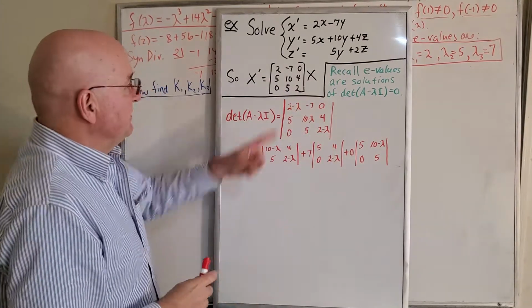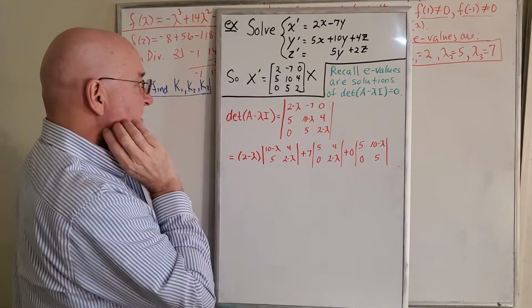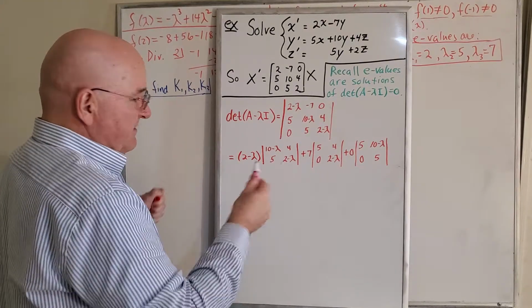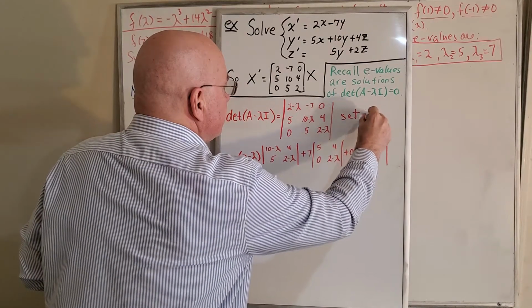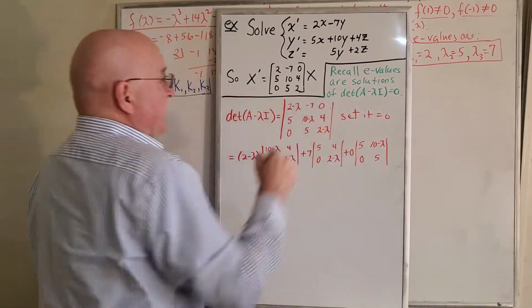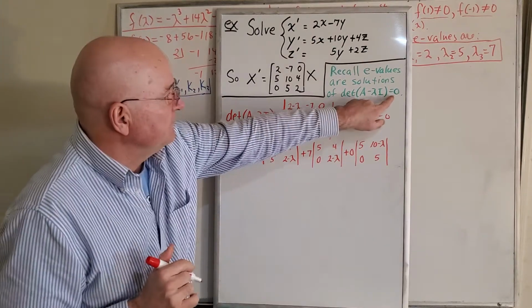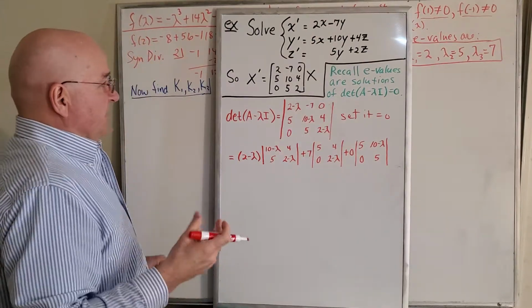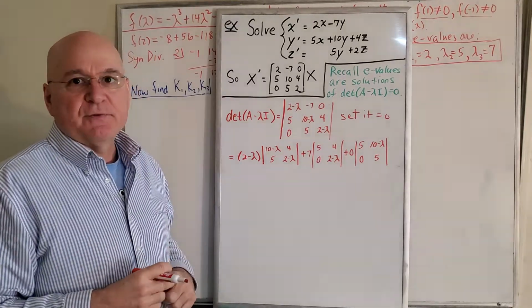Other than that, it looks just like the matrix A. And then we're taking the determinant of it, and just as a reminder, we'll set it equal to 0 in the end. All right, so to review how we get the determinant of this 3 by 3 matrix.